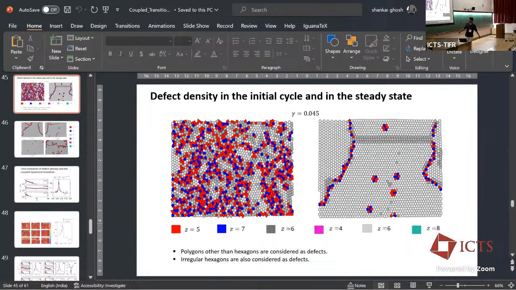Oh, this is the coordination number. That's like a good Z6 or a bad Z6. It's a hexagon, but a very distorted hexagon. I can get you details of how we say what is a good hexagon. You look at the arms and see how distorted the arm lengths are, and you make some statistics out of it. You can get a 6 where one of the lengths is really tiny.